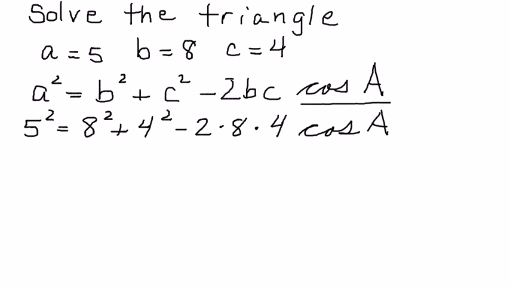Substituting in our values, we get 5 squared is equal to 8 squared plus 4 squared minus 2 times 8 times 4 cosine A. The biggest problem in using the law of cosines is that visually we might want to group these numbers together, and that is wrong.